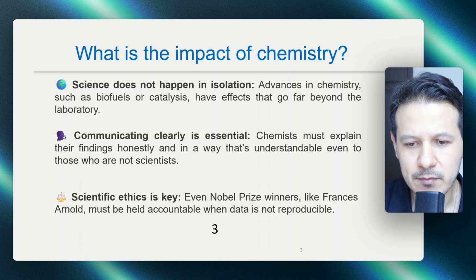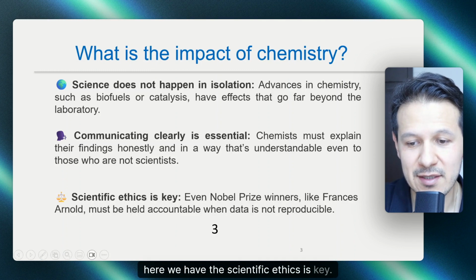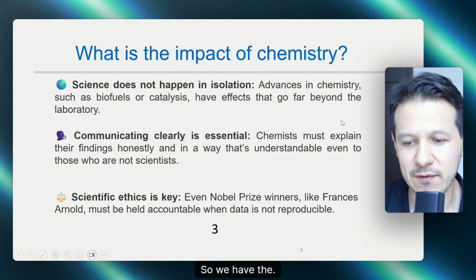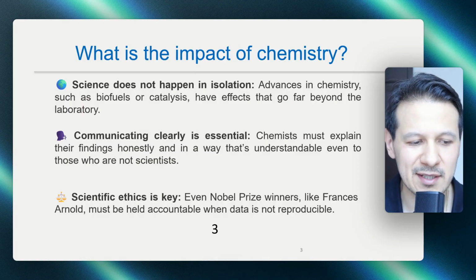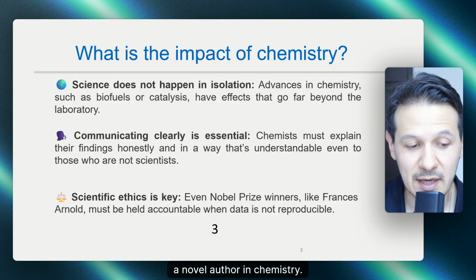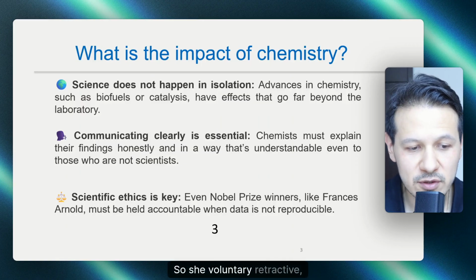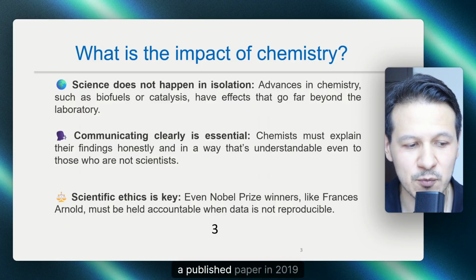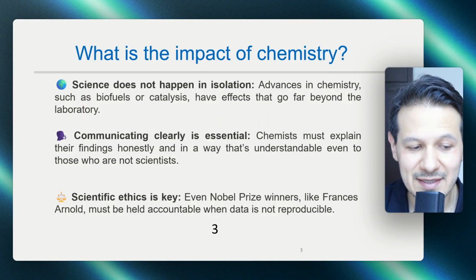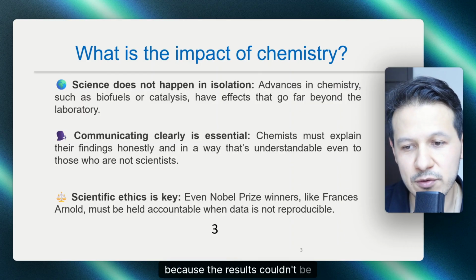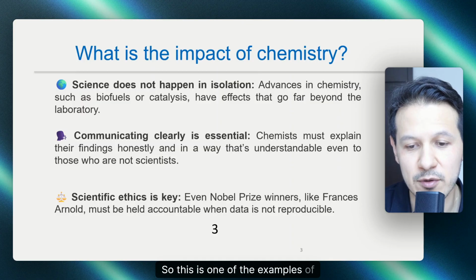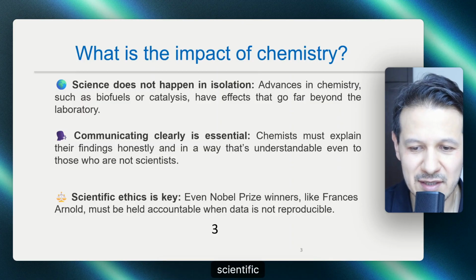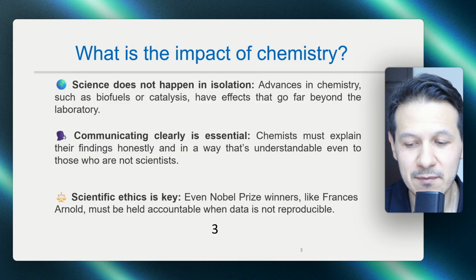So here we have that scientific ethics is key. There is one example, Frances Arnold. If you know, she was a Nobel laureate in chemistry. She voluntarily retracted a published paper in 2019 because the results couldn't be reproduced. So this is one of the examples of how scientific ethics is key.